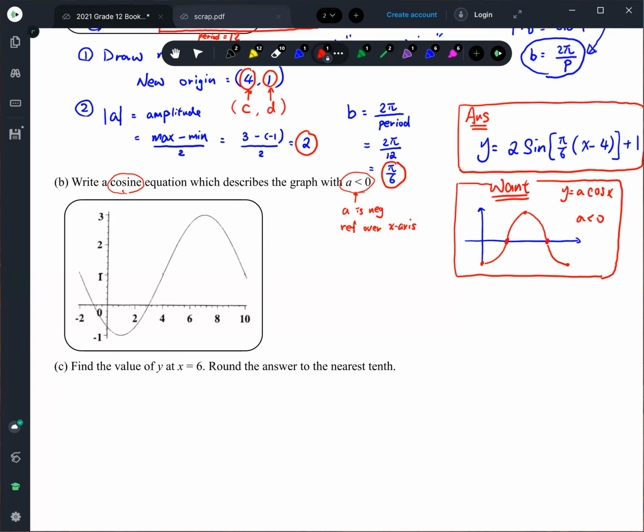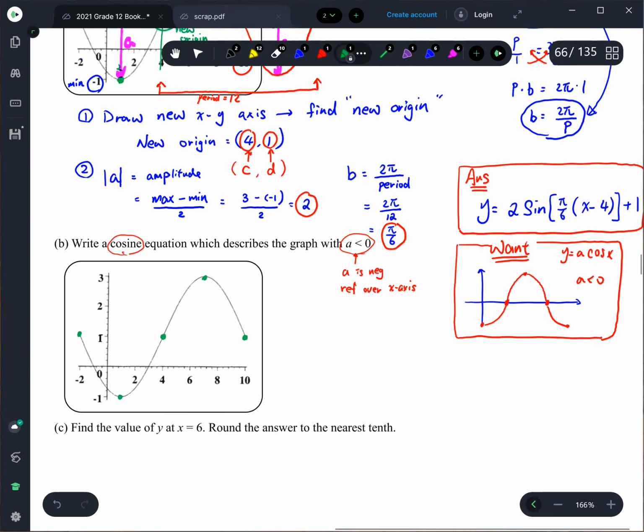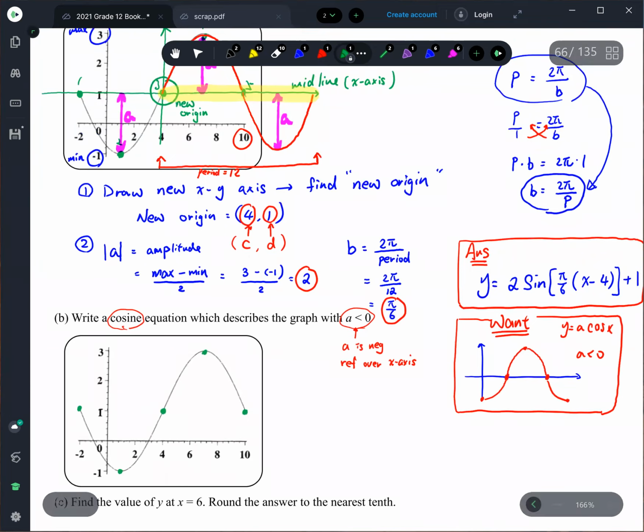Now on the graph, you can plot all the important points. It's the same graph, so you can see that with the same graph, they can ask you to find different equations. It just depends on where you start.